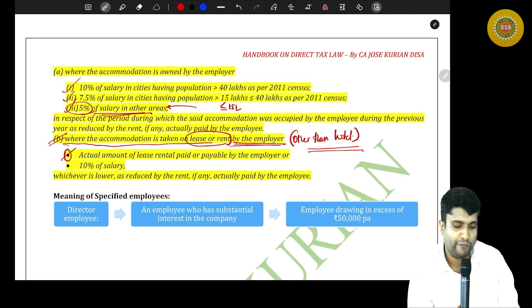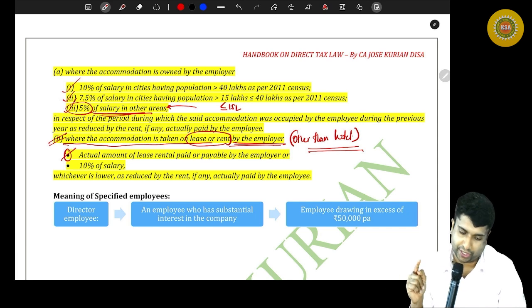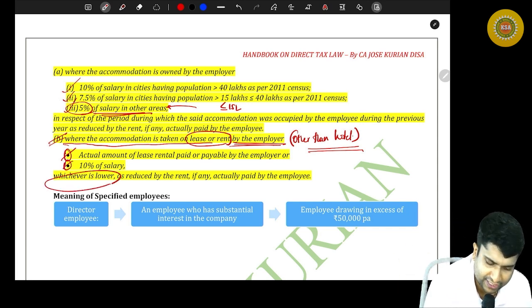Actual amount of lease rental paid or payable by the employer or 10% of salary, whichever is lower.